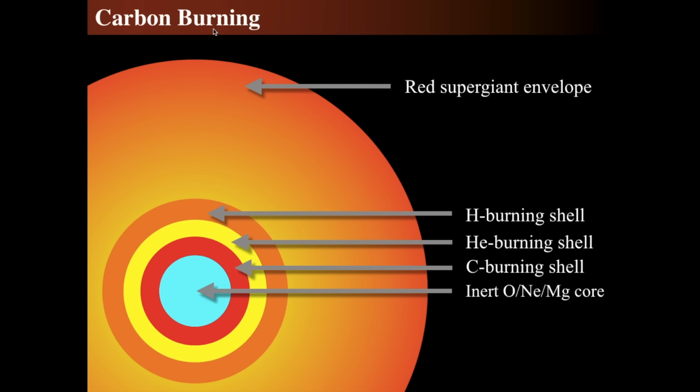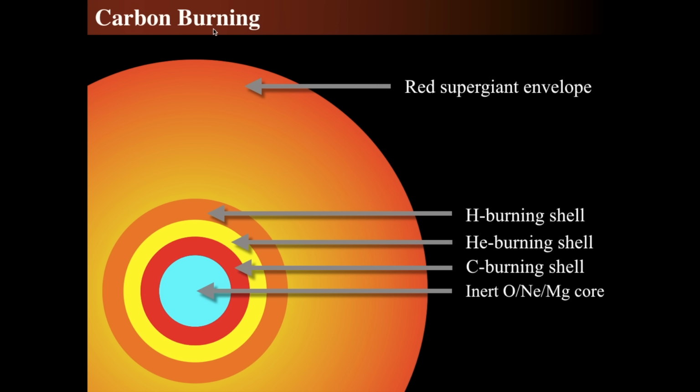The helium then mixes through, and that creates helium burning in the shell around that, and whatever protons are left on the boundaries of that burn and fuse hydrogen into helium. So the hydrogen burning shell makes helium, which descends into the helium burning shell, which makes carbon, which descends into the carbon burning shell, which creates oxygen, neon, and magnesium, which descends below.